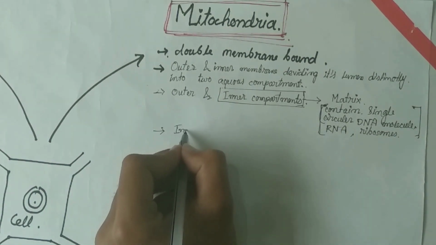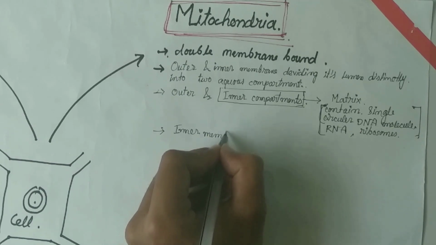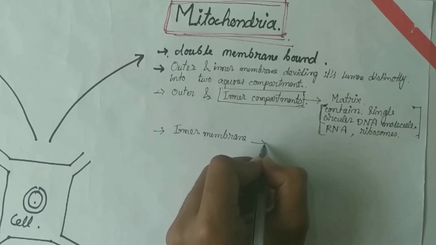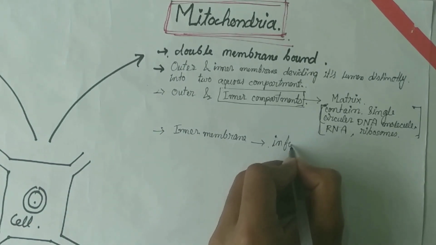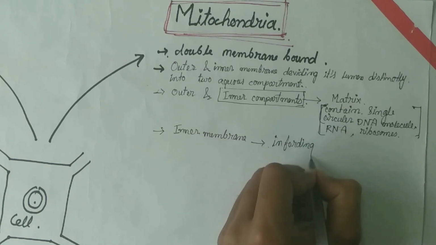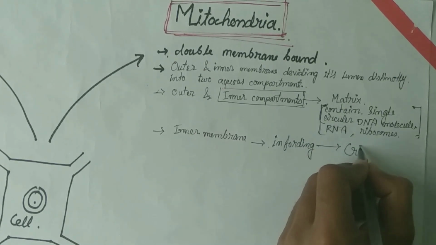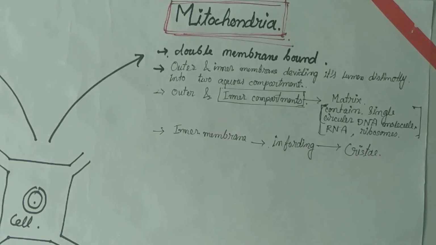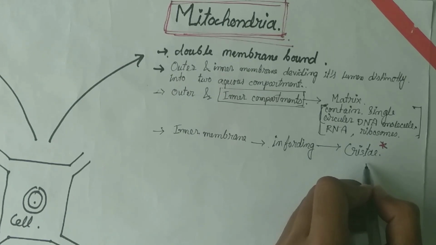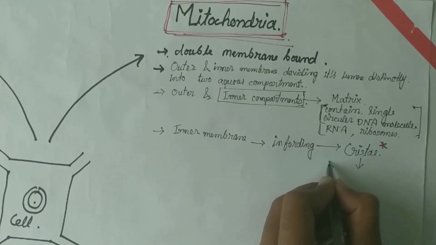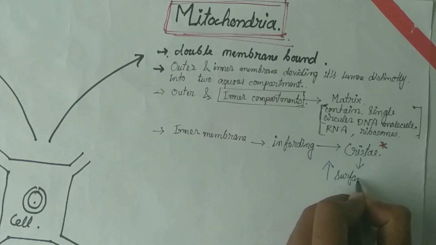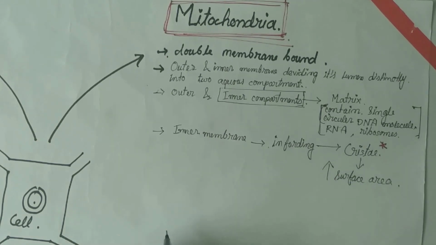The inner membrane forms a number of infoldings called the cristae. The cristae increase the surface area inside the matrix.